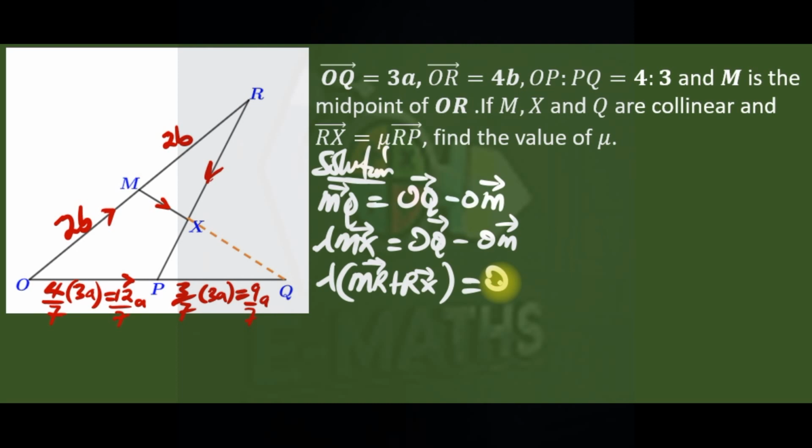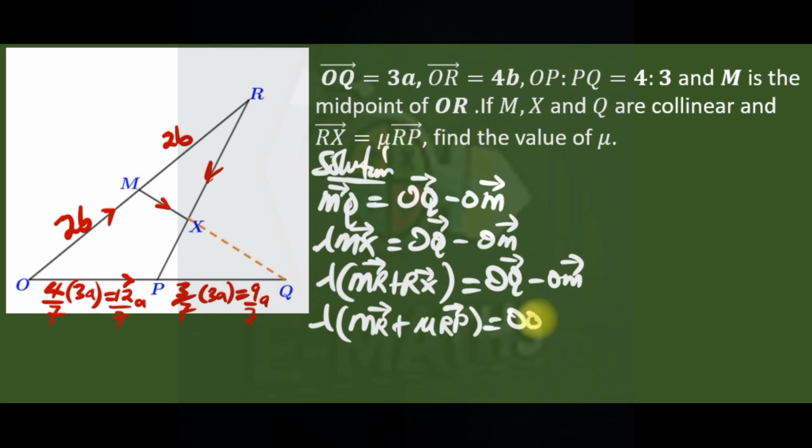And again, they told us that RX is mu RP, so we'll replace RX as mu RP, equals OQ minus OM.